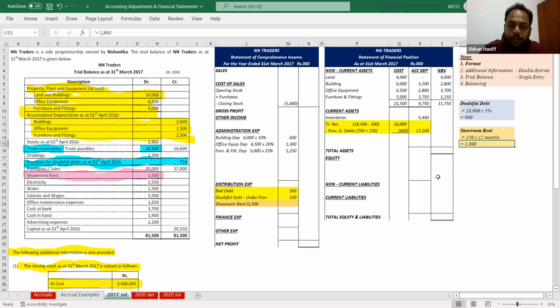Total is 1,800. How much is payable? Yes, 300 is payable. So we need to increase this by 300.